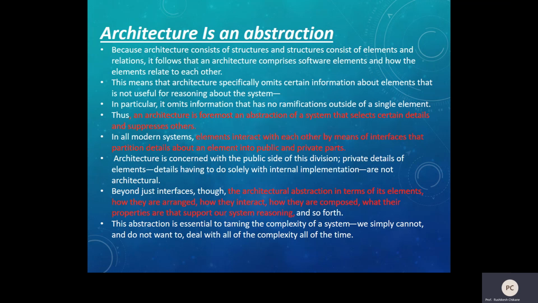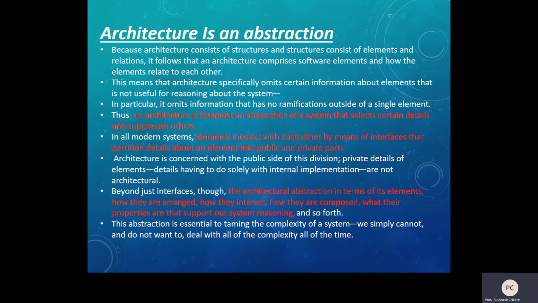Whenever we say architecture, it is not just a complete framework, or just a border or an outline. It is not like that. Architecture is nothing but the elements, the structure which it has, and again those elements which are present in that structure.